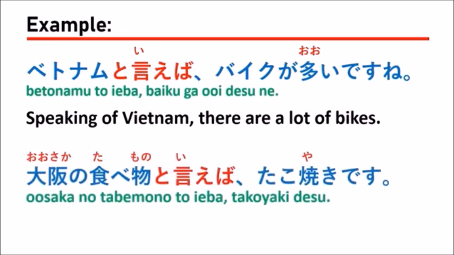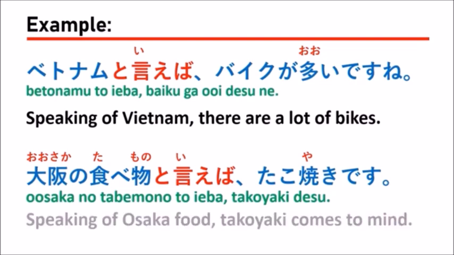Next example. 大阪の食べ物といえばたこ焼きです。Which means, speaking of Osaka food, takoyaki comes to mind.